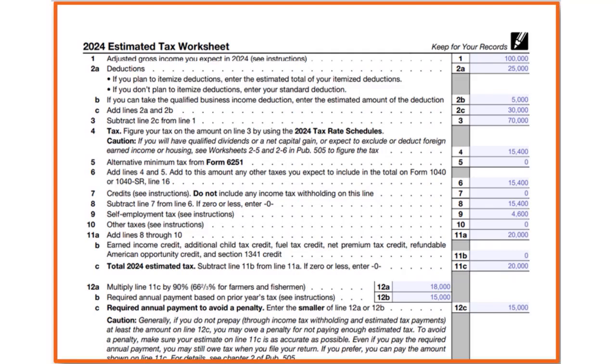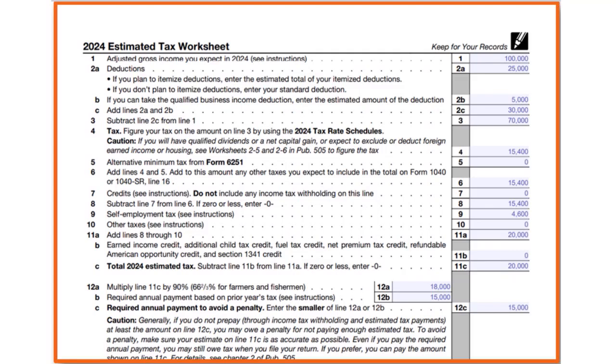The required annual payment based on prior year's tax is 15,000. So on line 12c, you have $15,000 because you are taking the smaller of 15,000 and 18,000.